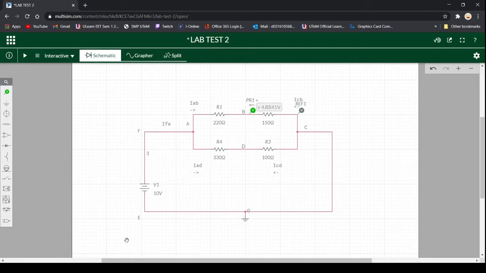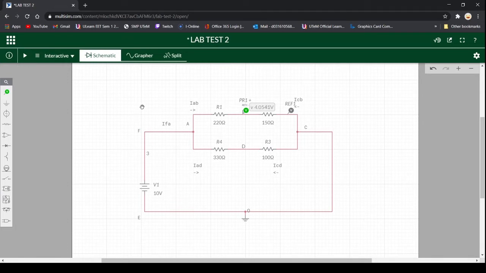So for VAB in table 1, take the probe and put here and put the reference point here to get this value. And then for VBC, we take the probe and put it here and take the reference point and put it here to get 4.054.